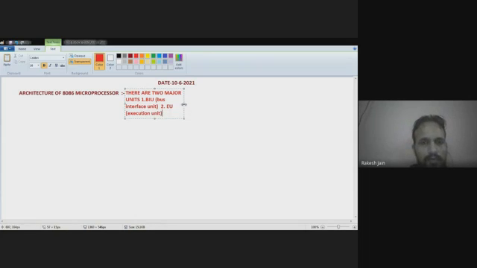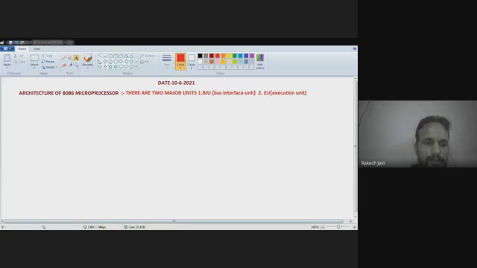One is the bus interface unit, and the second one is the execution unit.